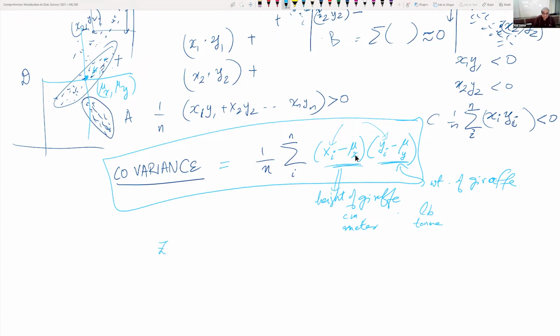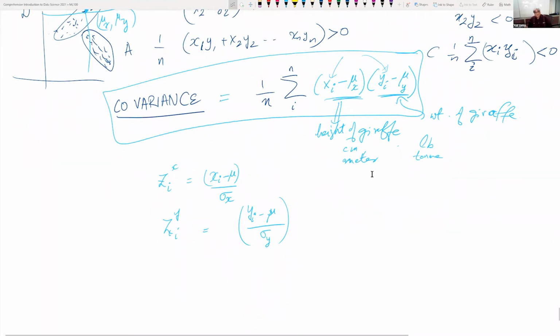Let's say you take the Z value, Zi of X, which is xi minus mu over sigma X, the standard deviation of X. And the Z value of Y with respect to i would be yi minus mu over, again, sigma Y, right? So it would be better if we took the covariance not of the raw variables, but of the Z values.